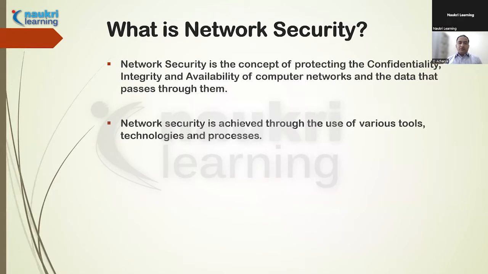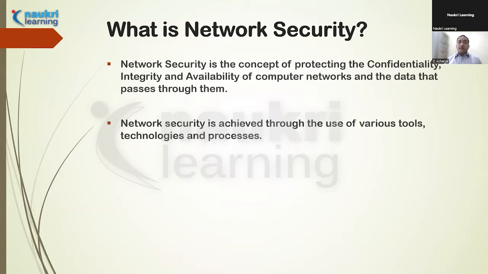Okay, so in this slide, what is network security? Basically, network security is the concept of protecting the confidentiality, integrity, and availability of computer networks and the data that passes through them, right? So confidentiality, integrity, availability, or the CIA triad, as it is commonly referred to.